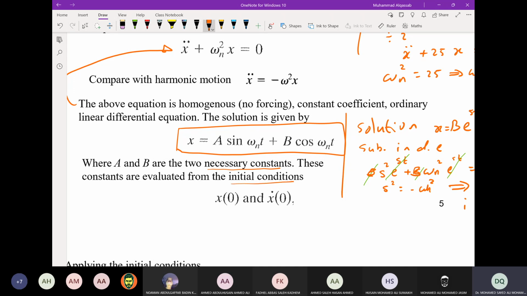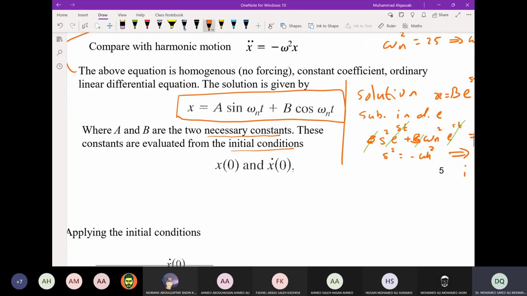If there are no initial conditions, it means that a is 0 and b is 0. There is no vibration. So the vibration will take place if there is initial disturbance. Those initial conditions, we call them disturbance.